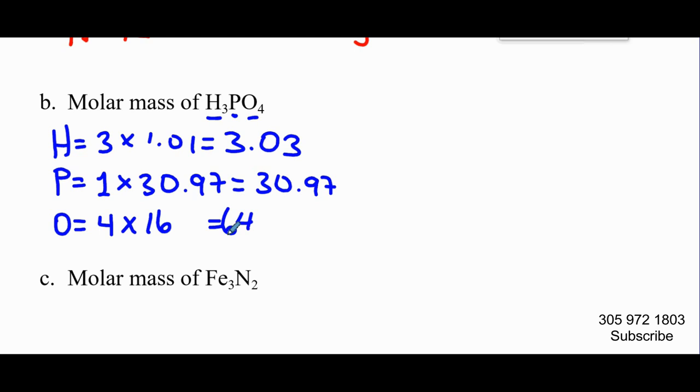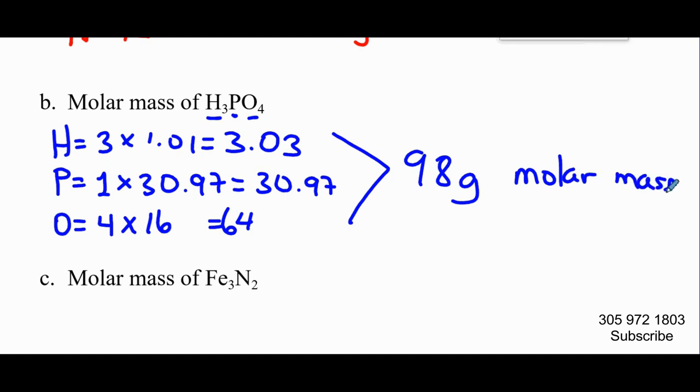If I add all these values, the 3.03, the 30.97, and the 64, I get an exact value of 98.0 if you want to, or just 98 grams. And that is the molar mass of H3PO4. Let's do part C of this question.